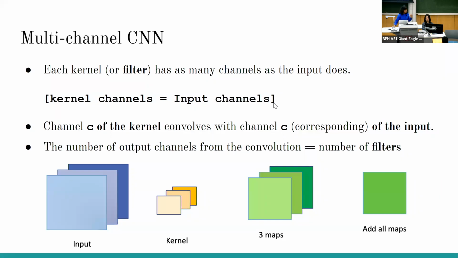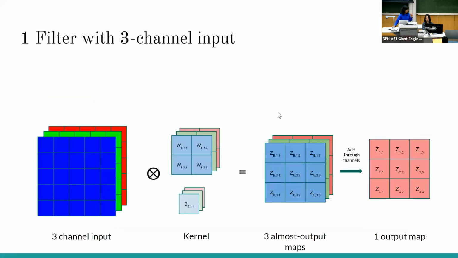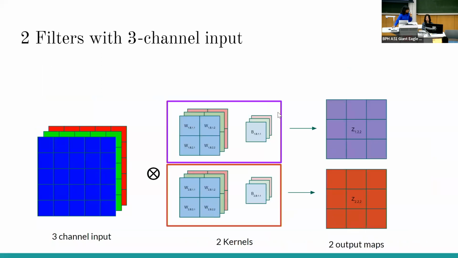Okay, let me show you with an example. It will make sense with 2 filters. So here you see, we had 2 filters. 2 filters means 2 kernels. Each kernel has 3 channels because our input layer has 3 channels. So each and every channel correspondingly multiplies, and we create an output map as I showed before, in black and white.